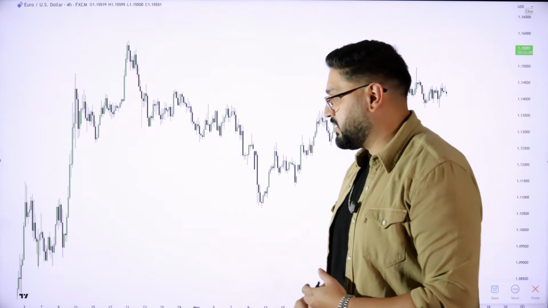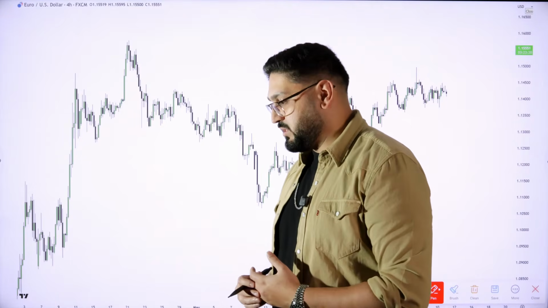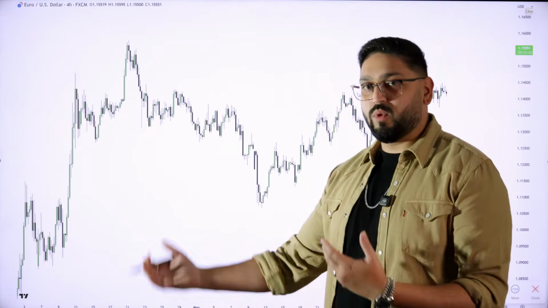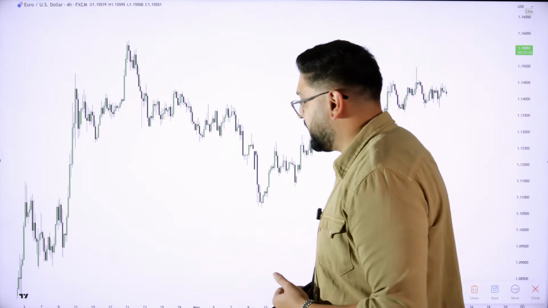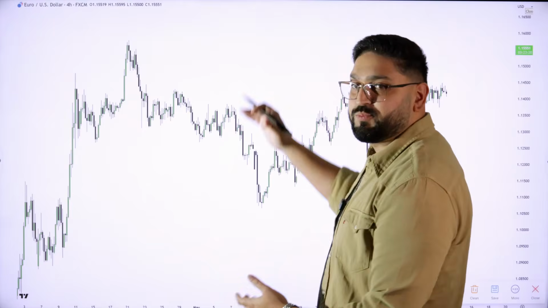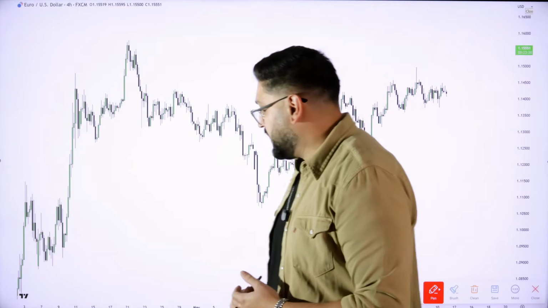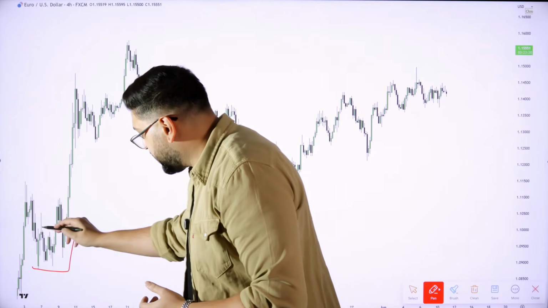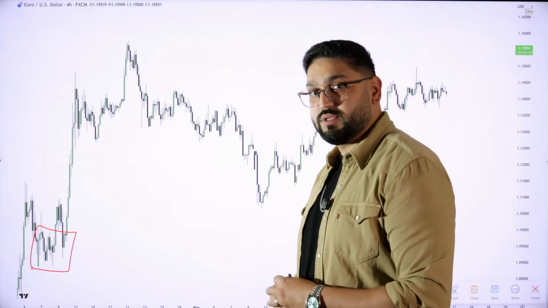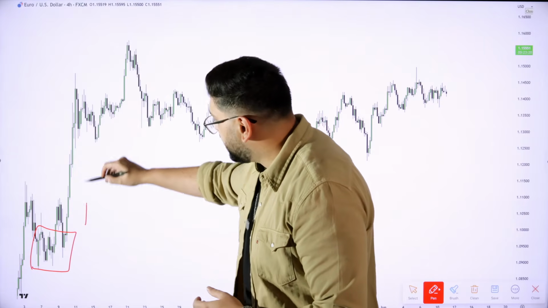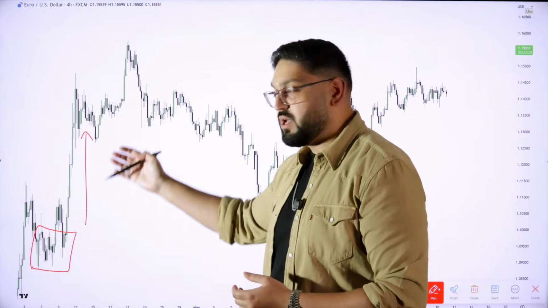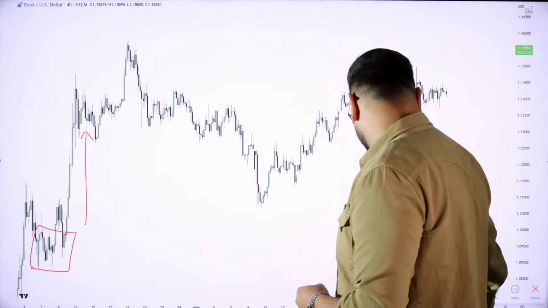As you get more familiar with understanding DRT and how to select the correct dealing range, you're automatically, through experience, going to understand where you want to anchor your dealing range based on algorithmic price delivery. So when I'm assessing this piece of price action, I'm looking at this area of consolidation first. So my eyes go right to that. And then I can see that we had a really large expansion away from that area of consolidation.